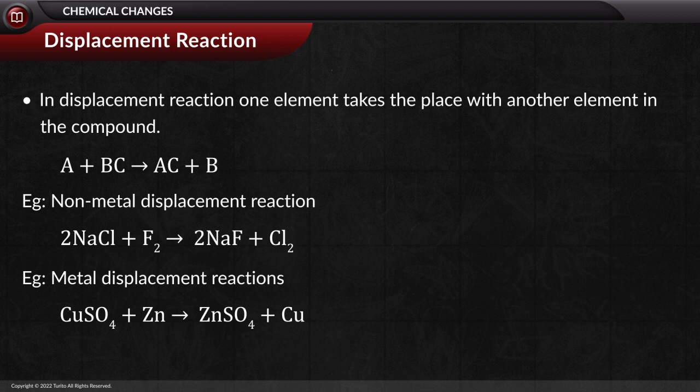One more example that we can see is CuSO4 with H2, giving H2SO4 plus Cu. Remember, H2 can replace a few of the less reactive metals from their respective salts, and this also comes under metal displacement reaction, as metal is being displaced.